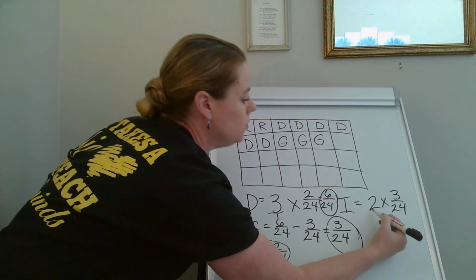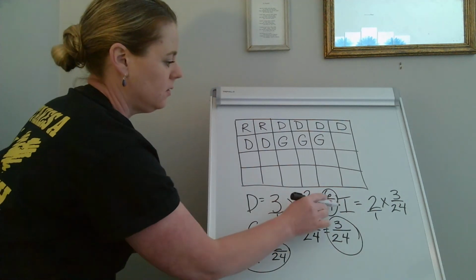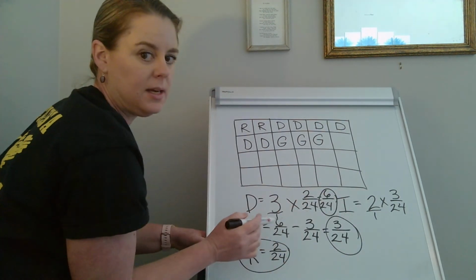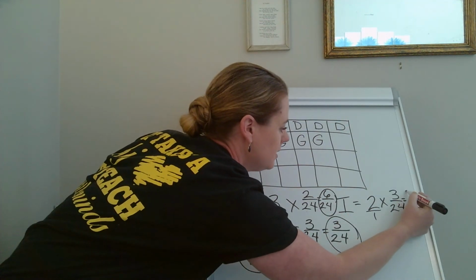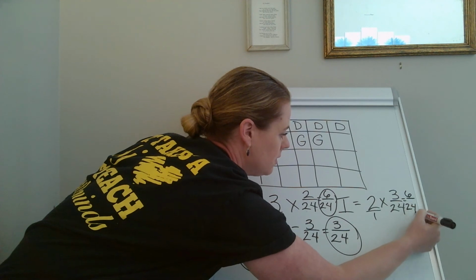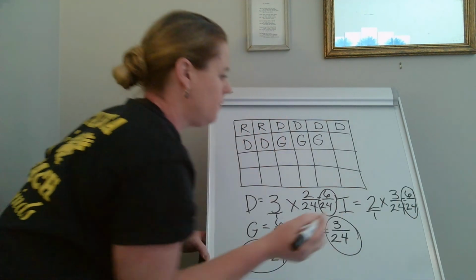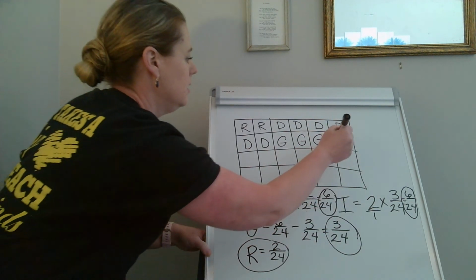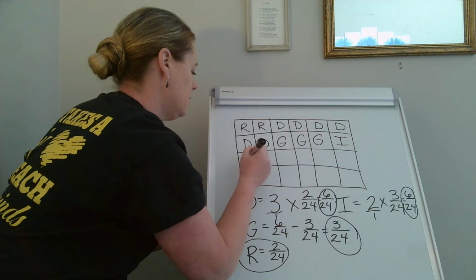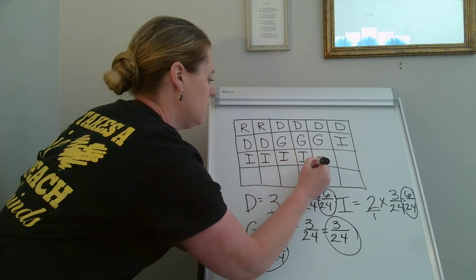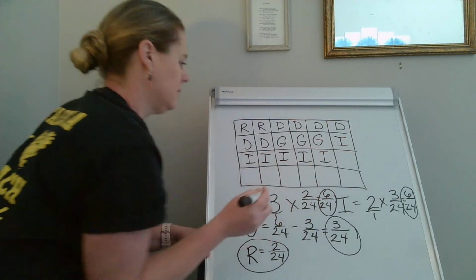Okay, so 2/1. So Isaac, let's multiply those straight across. 2 times 3 equals 6. 1 times 24 is 24. So 6/24. So let's put in I for 6 of them. 1, 2, 3, 4, 5, 6.